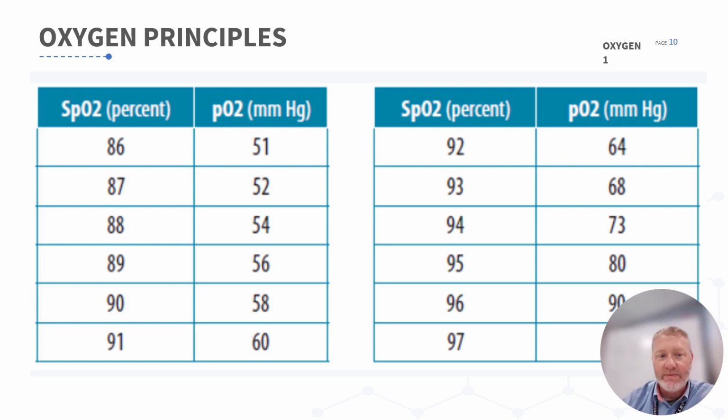A PaO2 of 60 roughly equates to an SpO2 of, this says 91, let's call it 90 to make it easier. So a PaO2 of 60 will give you a SAT of 90 in general. So if you have a patient who is SATing 85, then you know their PaO2 is under 60, probably in the 50s somewhere, and vice versa.